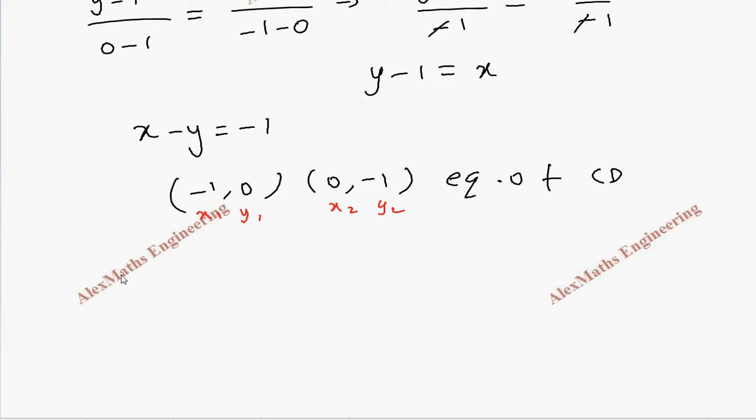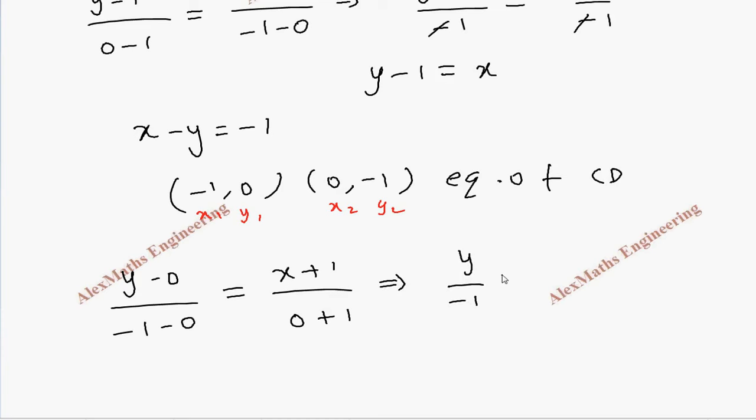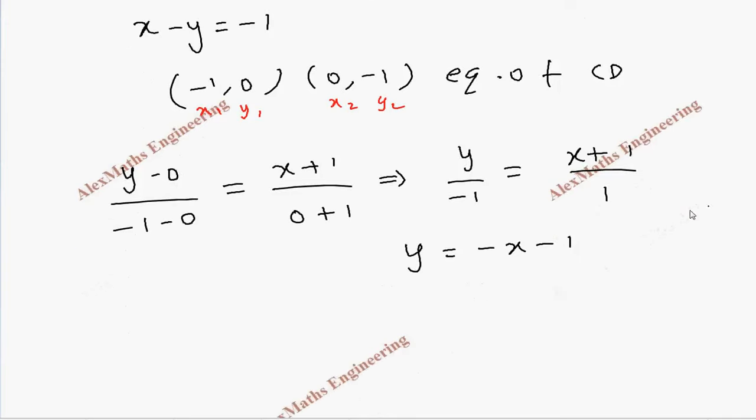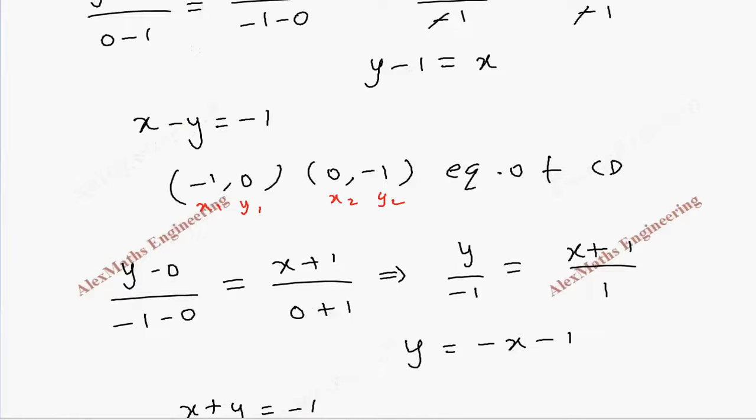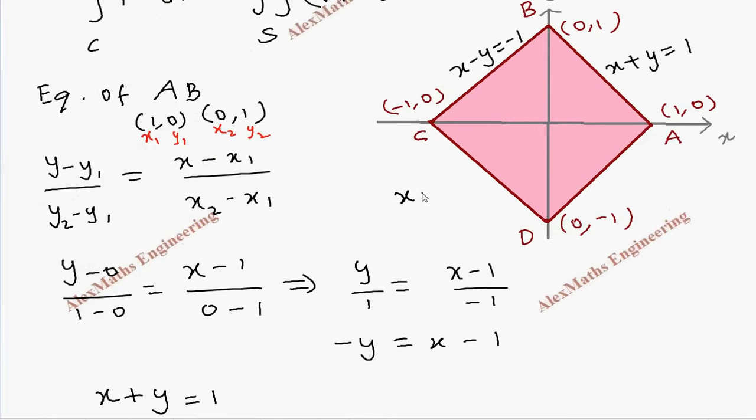So (y minus y1) by (y2 minus y1) equal to (x minus x1) by (x2 minus x1). So we get y by minus 1 is equal to (x plus 1) by 1. On cross multiplication we get y equal to minus x minus 1. Then x plus y equal to minus 1. So this equation is x plus y equal to minus 1.